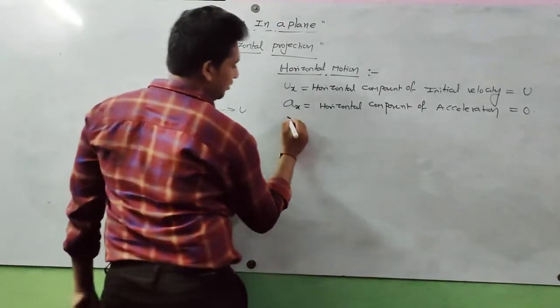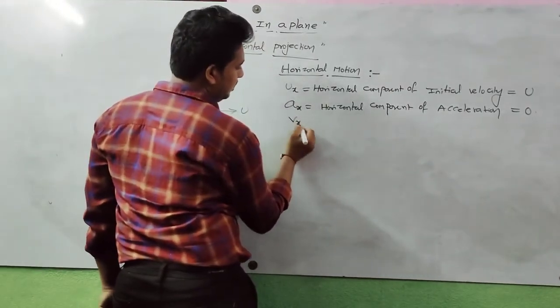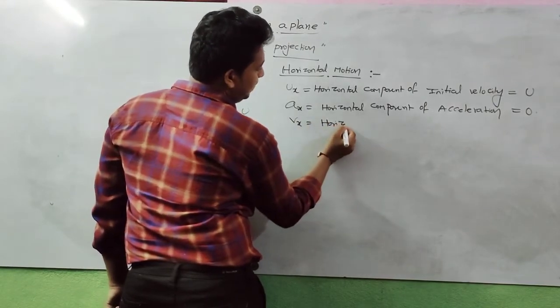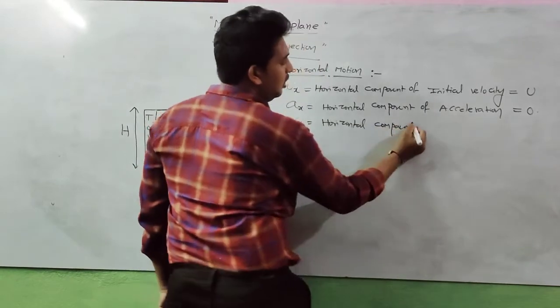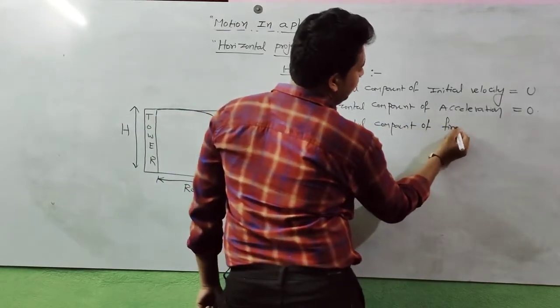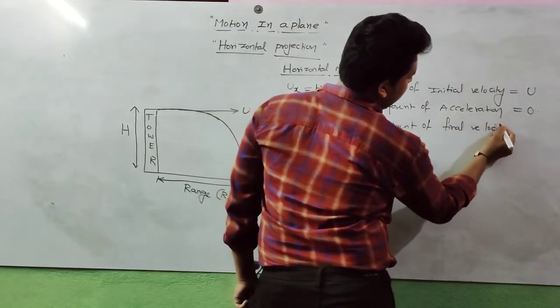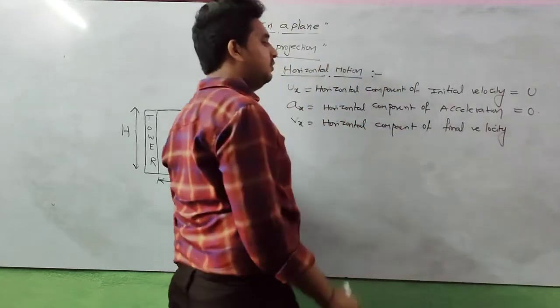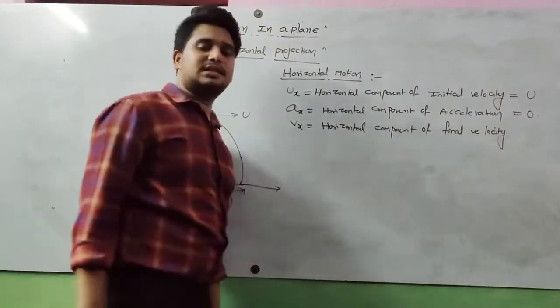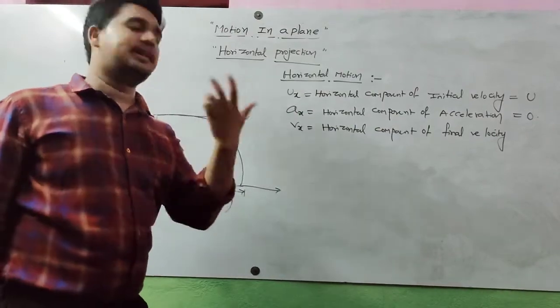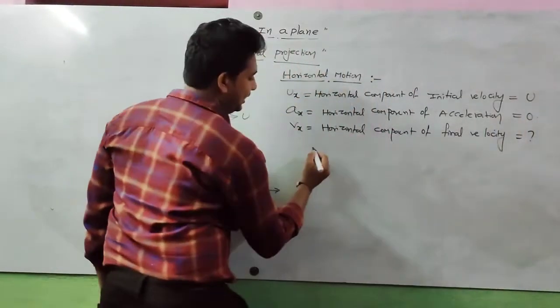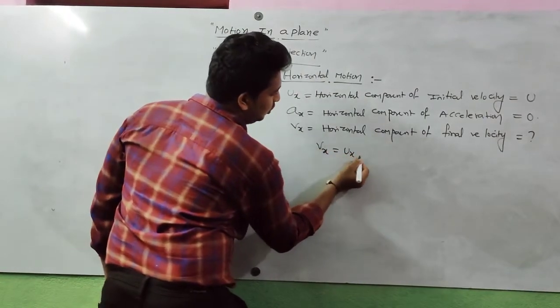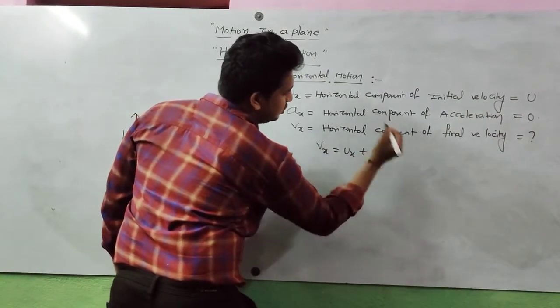Then vx, the horizontal component of final velocity, that means velocity after time t. This we need to find. According to kinematics, vx is equal to ux plus ax into t.